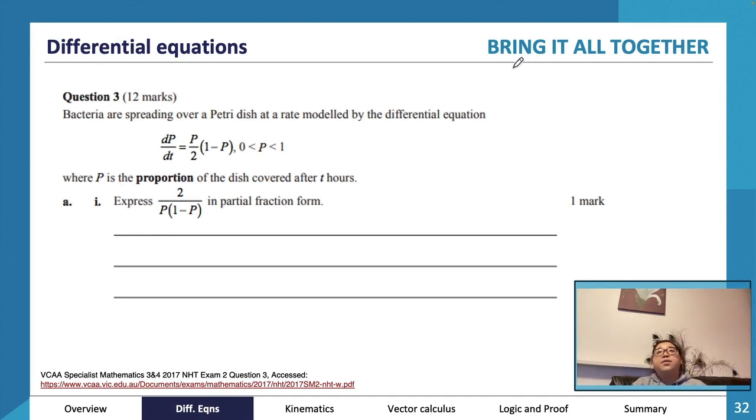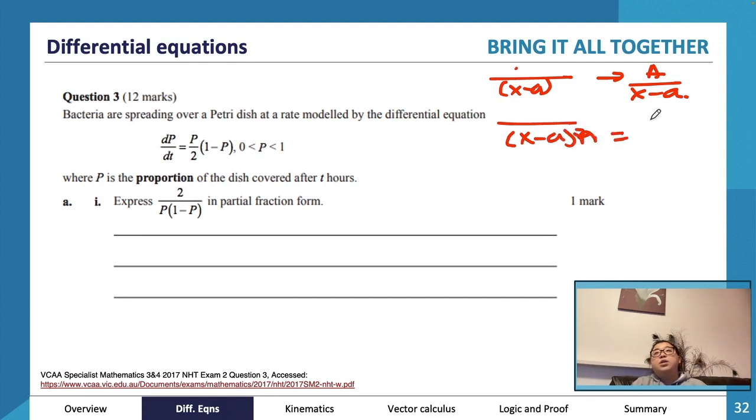So remember, if you have a linear factor, so just x minus a by itself, it just turns into A over x minus a. If you have a repeated factor, so (x minus a) to the power of n, you're going to have A over x minus a, plus B over (x minus a) squared, until you have plus Z over (x minus a) to the power of n.